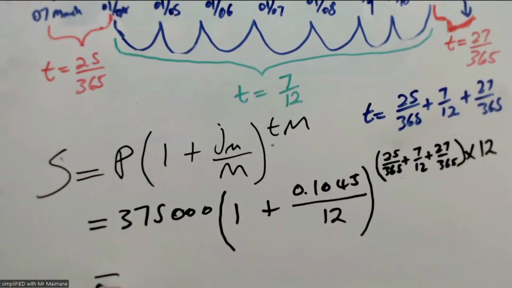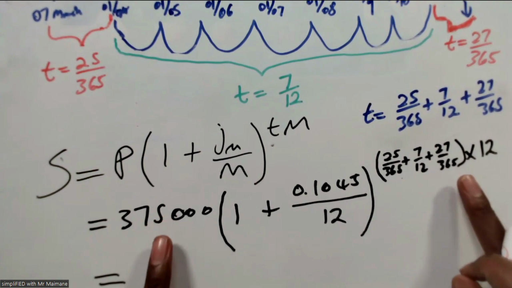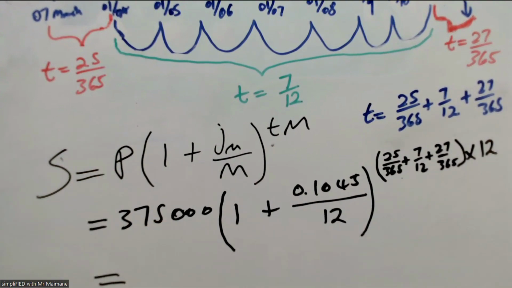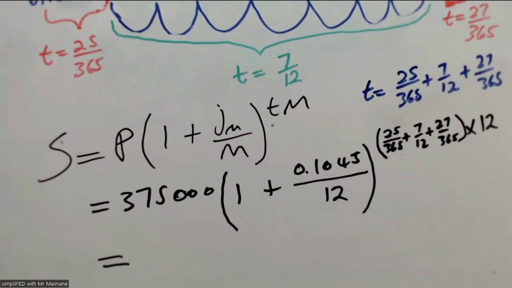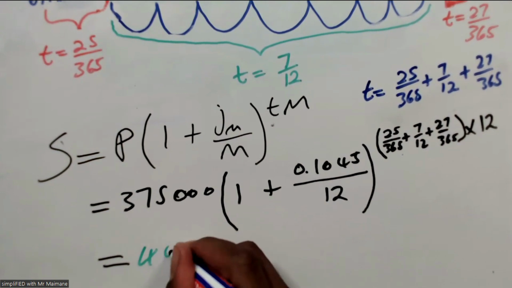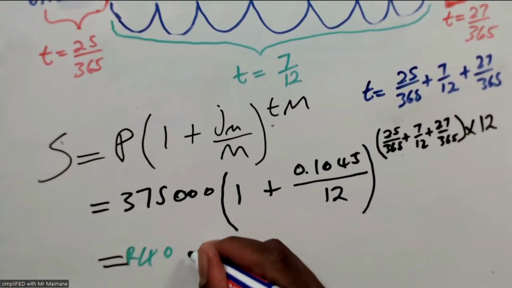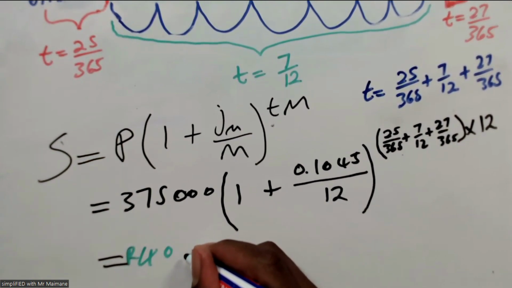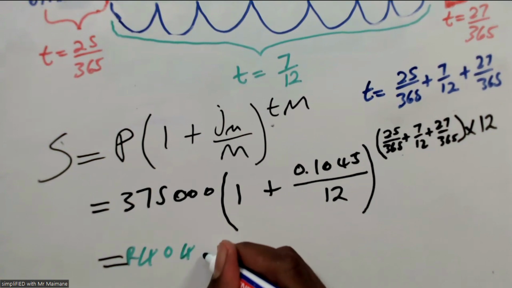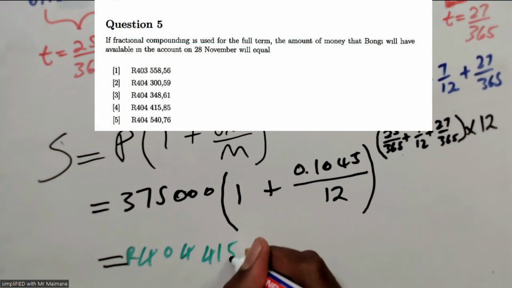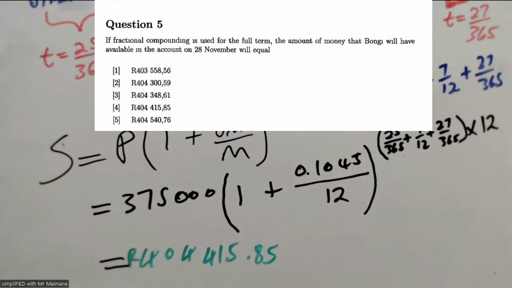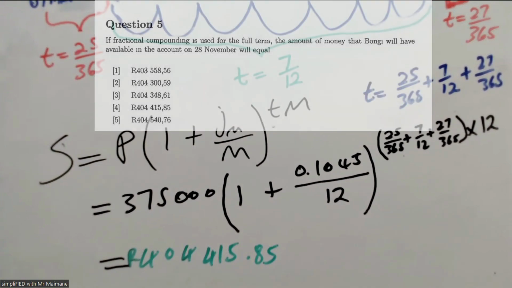Therefore, you can punch this in a calculator without complicating everything. If you punch the whole thing in a calculator, you will get 404,415.85, which gives us option 4 again, according to our answer.